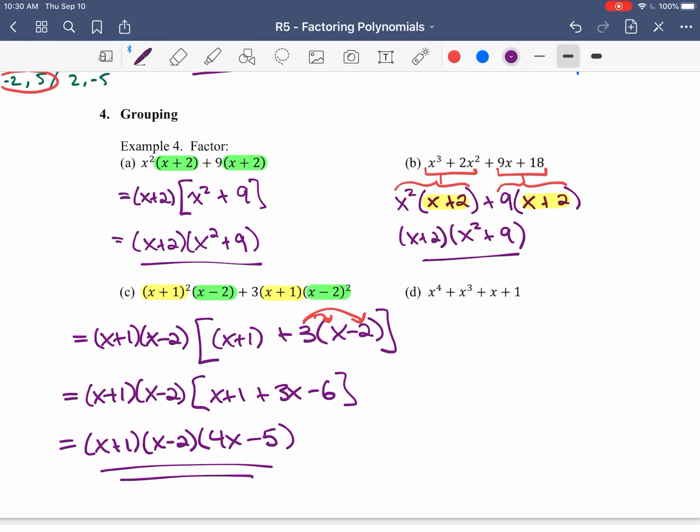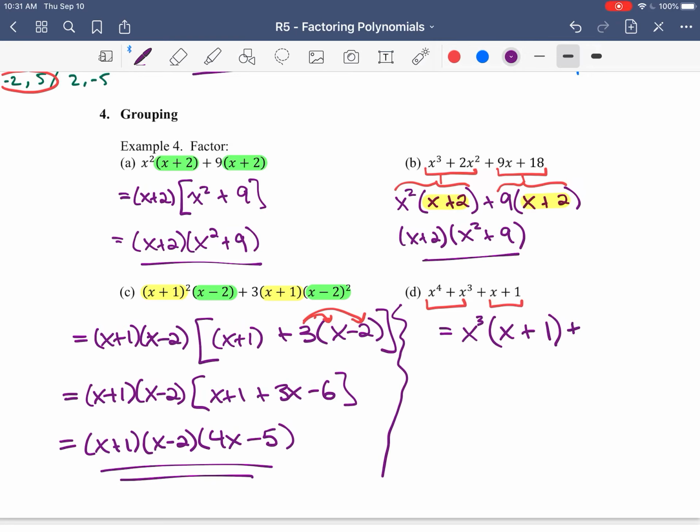Okay, in part D, we want to do the grouping. Okay, so we're going to group these two and these two. So in the first two, it looks like I can pull out x cubed. Okay, so then in the first one, I still have one x left over. And the second one, I took everything, so I just have a 1 left over. Now, in the second two, they have nothing in common.